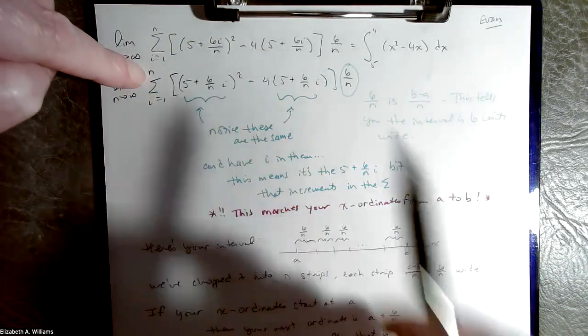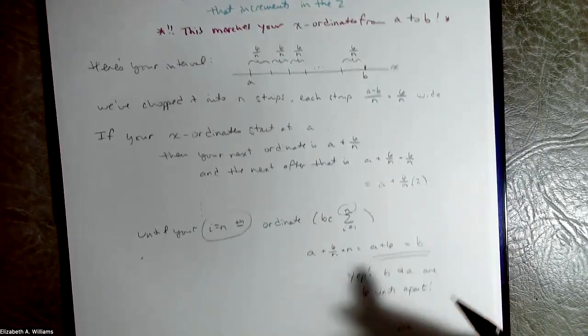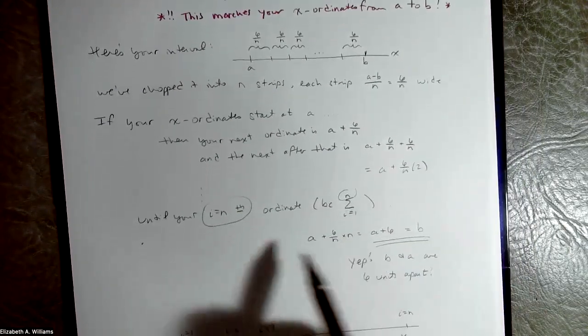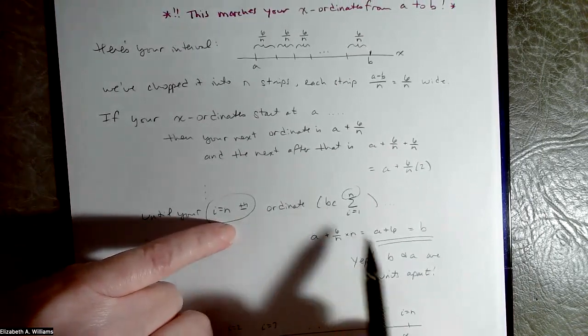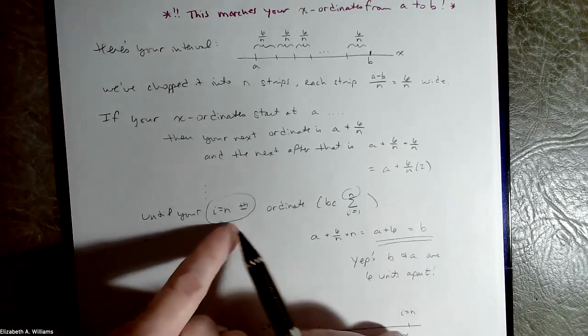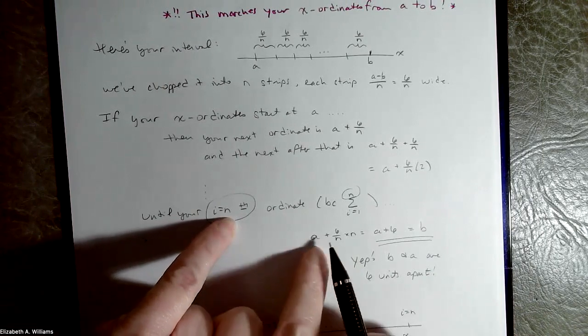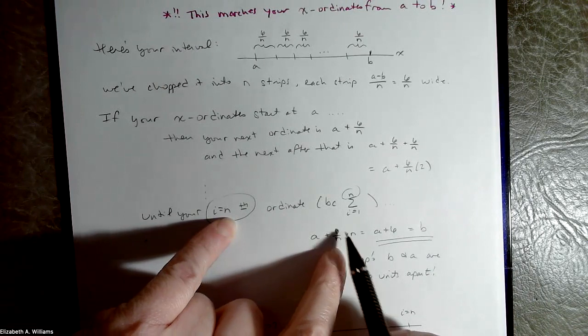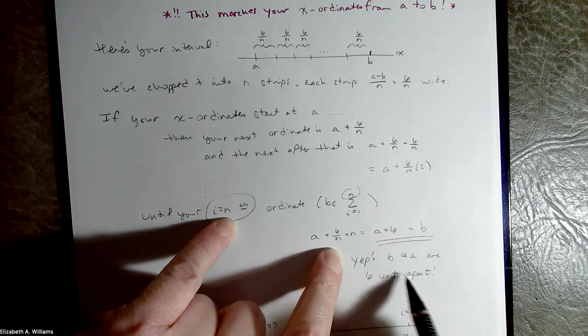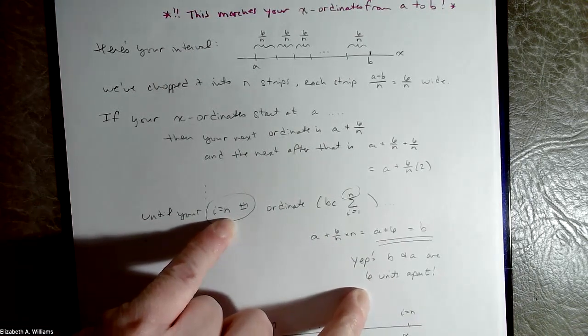So when i equals n, you stop. Your last ordinate, which is b, happens when i equals n. So you've got a plus n copies of 6 over n. The n's divide out, you get a plus 6, that's your b. Your interval is 6 units apart.